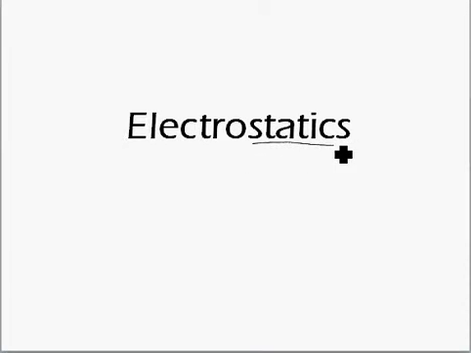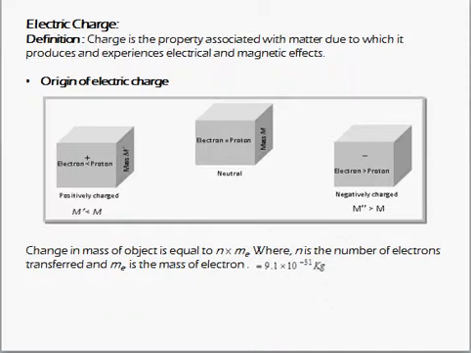The word statics means that the object is standing still. So we are going to study in this chapter basically all devices and properties of charges which are standing still. Let us see some of the properties of charges.